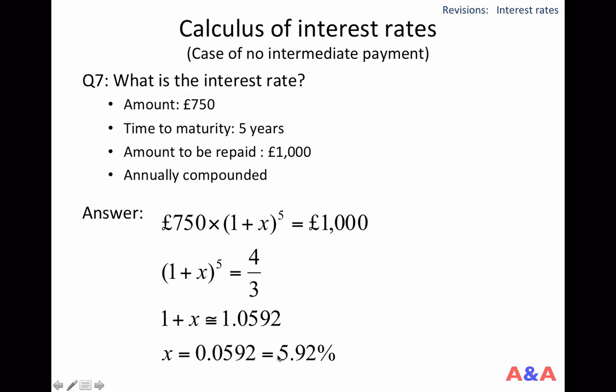So x is equal to 5.92%. So if you can borrow £750 to repay £1,000 in 5 years, that means that the annual interest rate you face is approximately 5.92%.